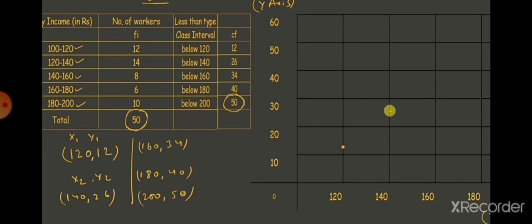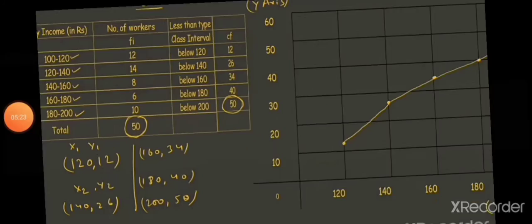Then 160 comma 34, then 180 comma 40, and 200 comma 50. You will get the full graph like this.